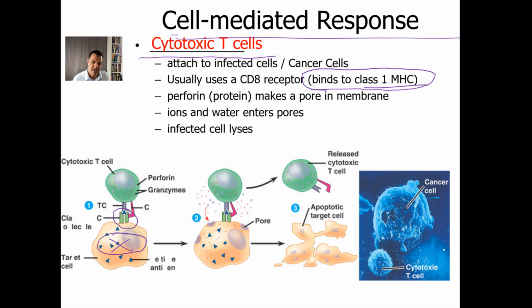And what happens there is, in your body, these cytotoxic T cells come along and they bind to class 1 MHCs using a CD8 receptor. Okay, so normally a perfectly functioning class 1 MHC won't bind to a CD8 receptor. So this one is one that's damaged.